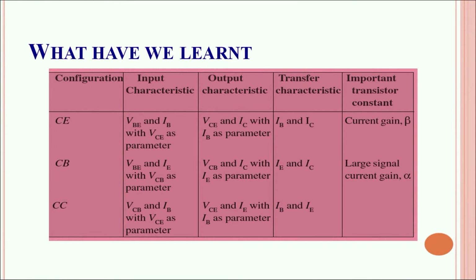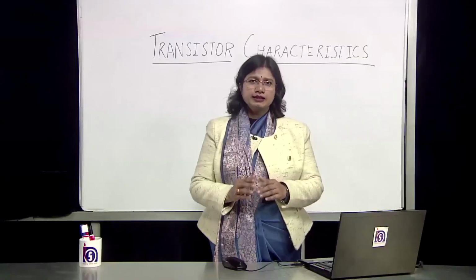Over here, the input characteristics comprise the emitter current plotted as a function of the emitter base voltage, and the output characteristics indicate the emitter current plotted as a function of the collector emitter voltage, keeping IB as a parameter. So, now we have understood three distinct configurations of the transistor. Thank you, learners.